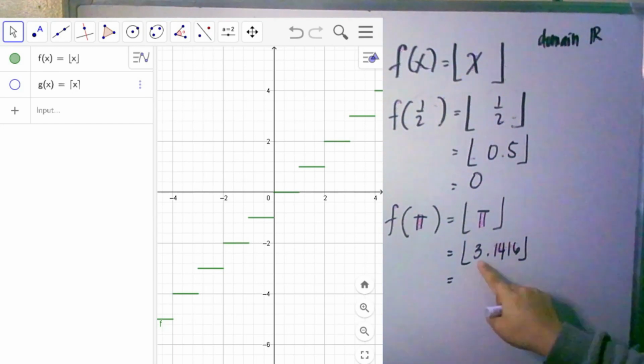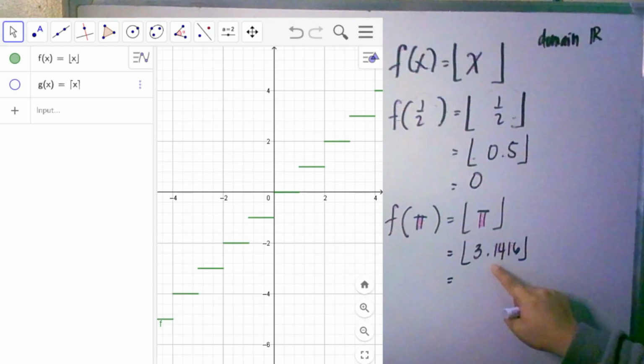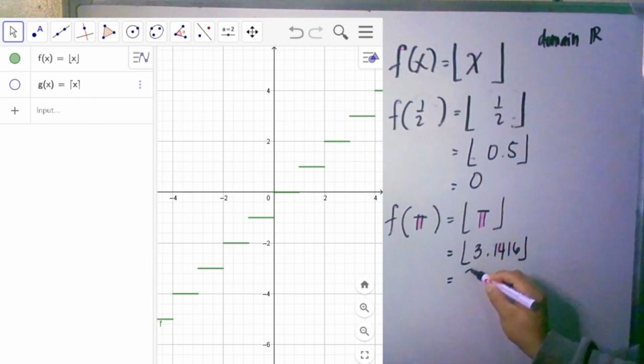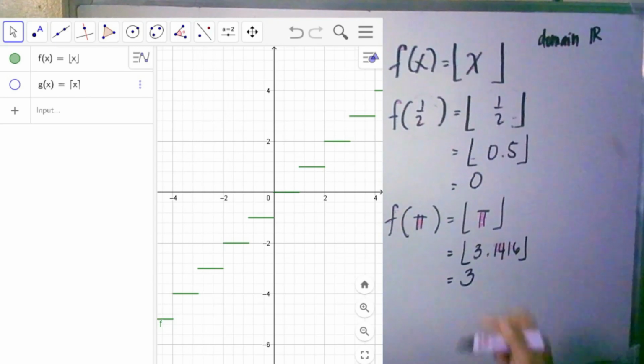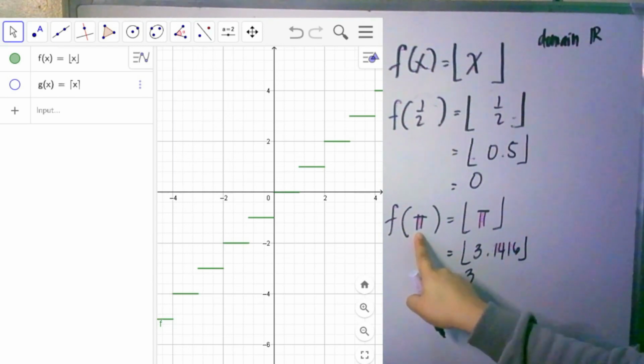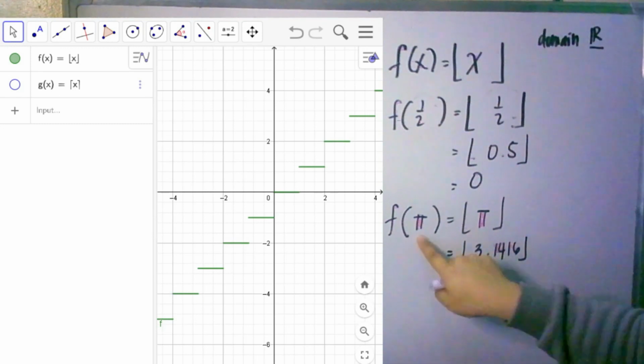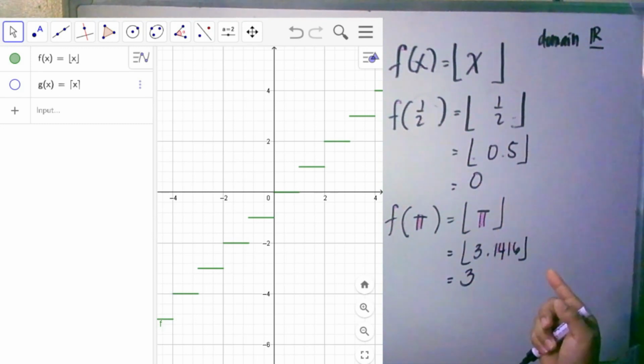We are actually interested in the first few decimal values here. So what is that integer less than this one, of course? That is the greatest. So the answer is 3. So it doesn't really matter. Kapag fraction yan na binigay or irrational number, our domain kasi is the real numbers. So whatever real number that we input, there should be an answer.